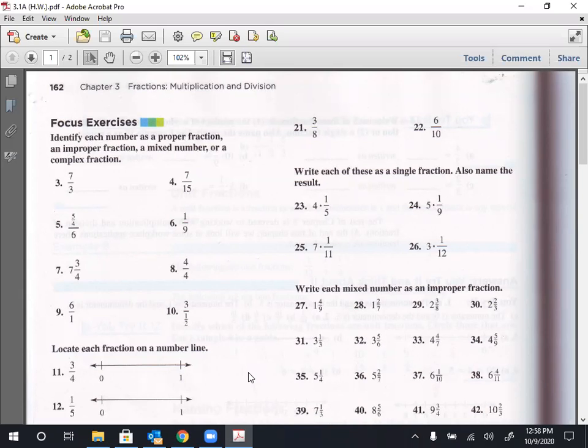So we're going to say 3, that's a whole number, times, and then it says a unit fraction. So we want to use 3/8.